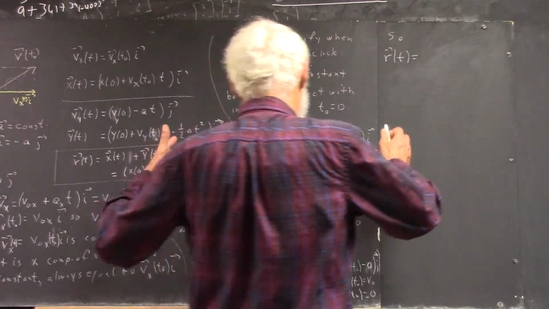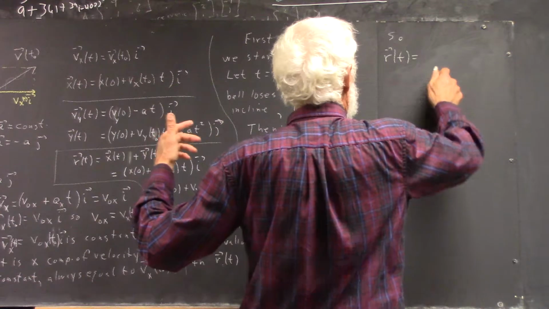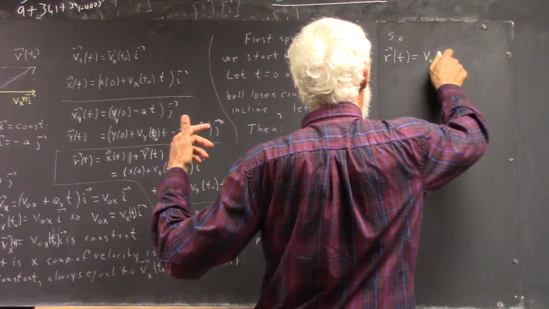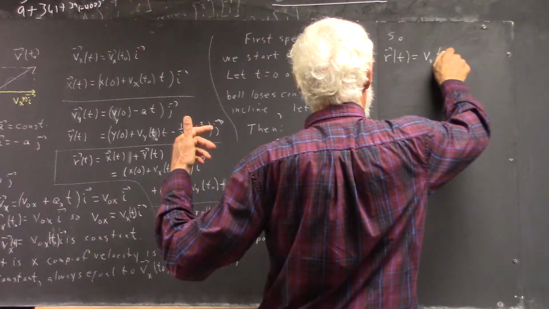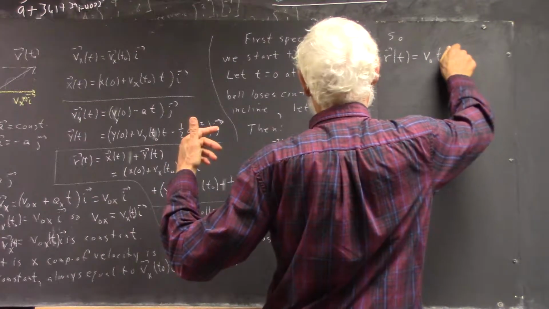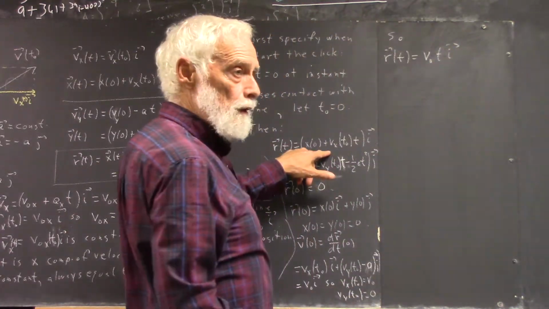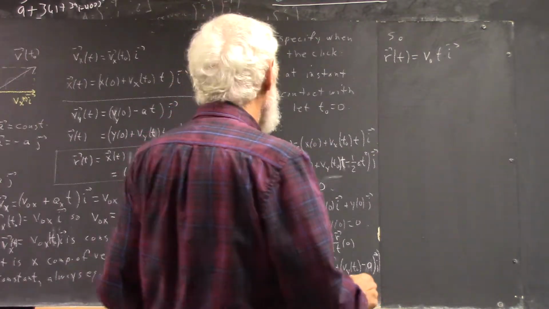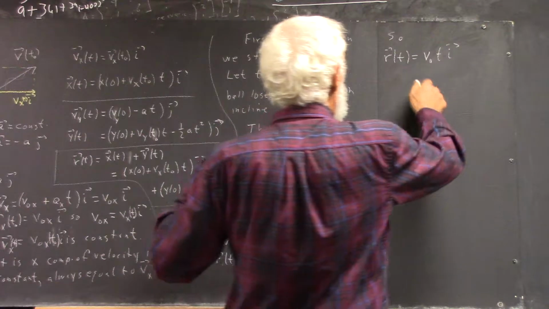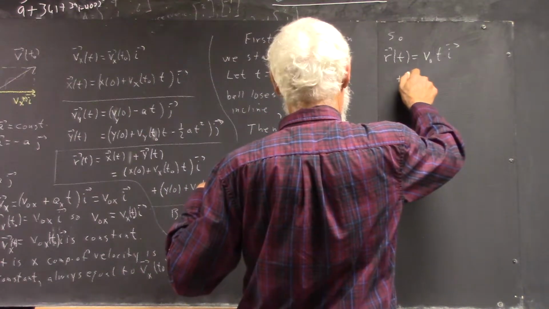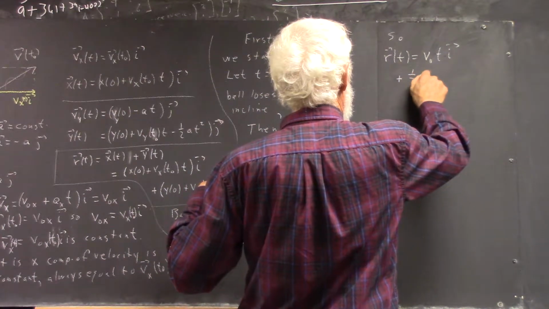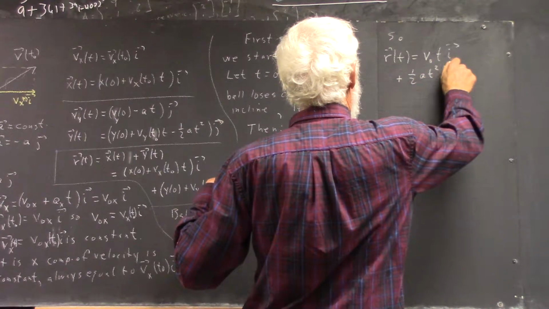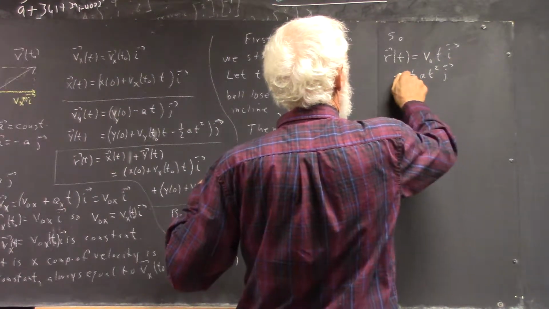So R of t is what? Now in terms of what we have, it's V naught t times i, because Vx of t0 is V naught, and x of 0 is 0, plus, except it's minus.